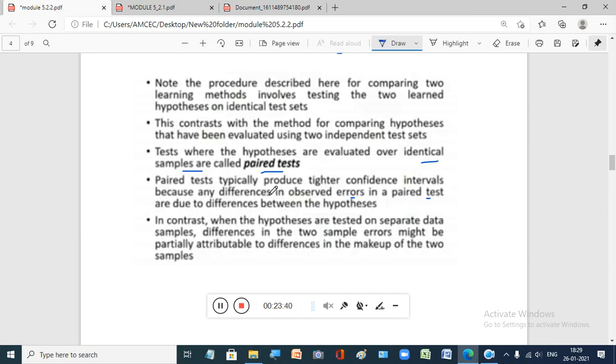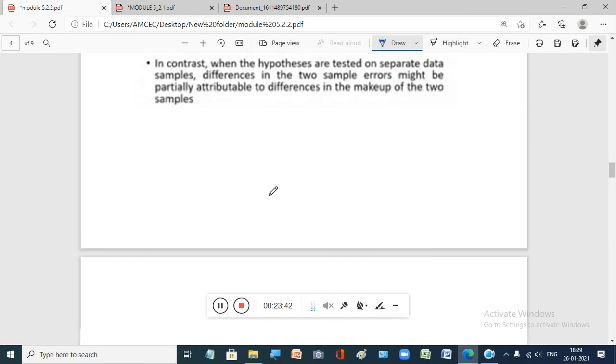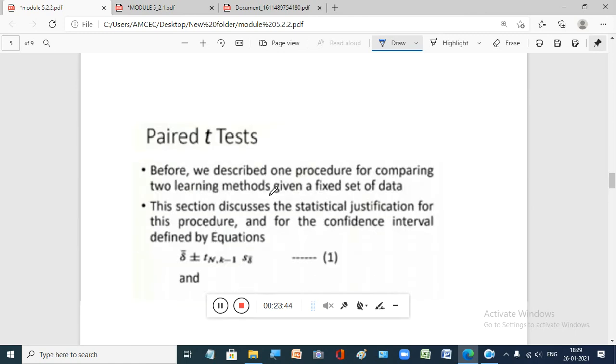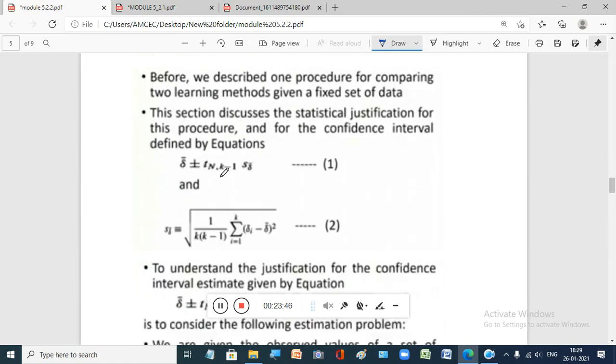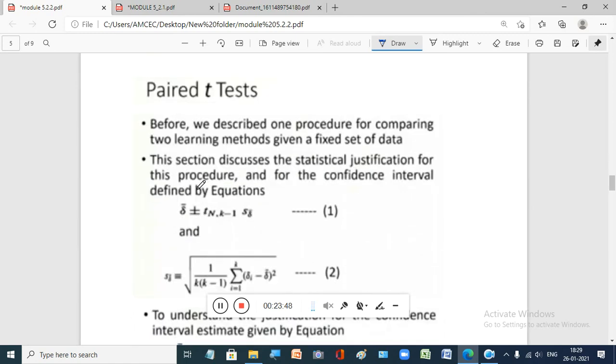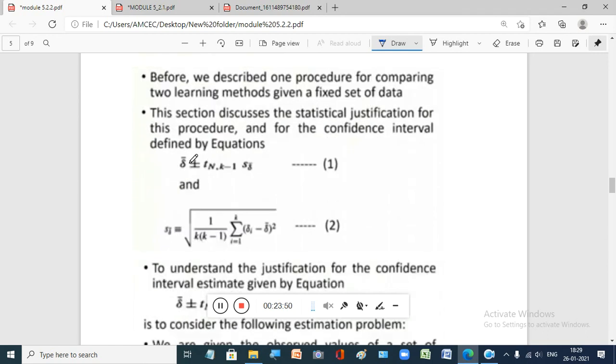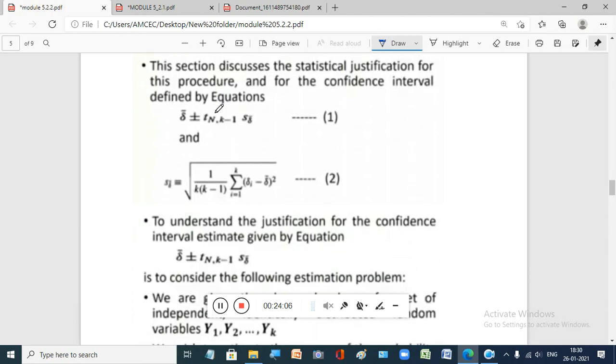So this is the paired t-test we have discussed. We have found the delta bar, plus or minus t of n minus 1 comma k minus 1 into the standard deviation. And how do you find the standard deviation? With this equation. The next topic gives us a statistical derivation. We said already that we have to prove statistically that both these equations are correct, that they have a valid proof.